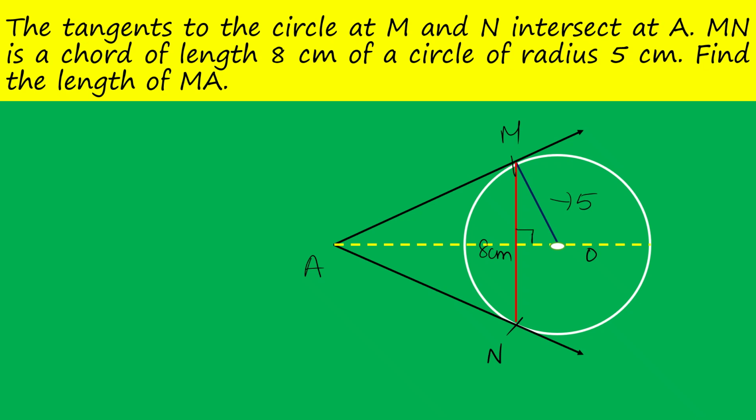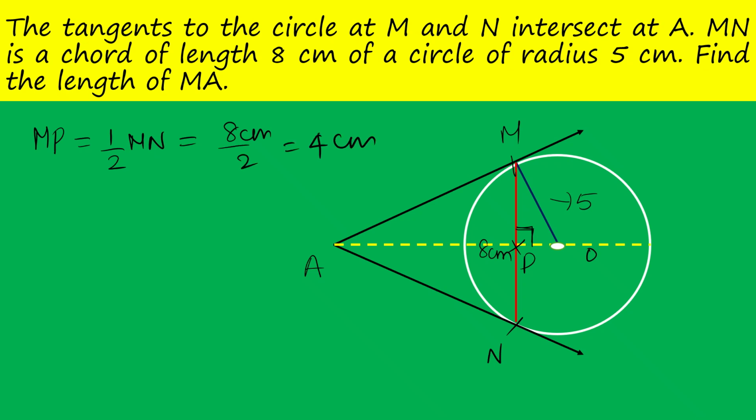So here it is 90 degree and it bisects the chord MN in half. That is, if this point is P, we get MP as half of MN, which makes MP 8 by 2, 4 centimeter.